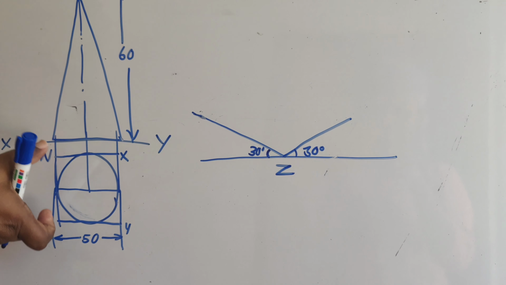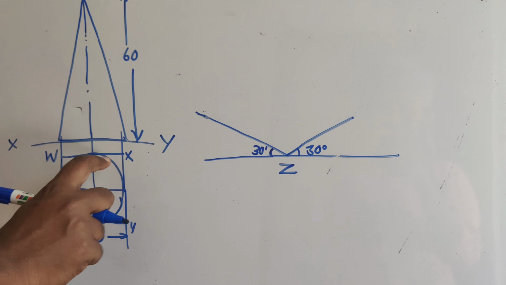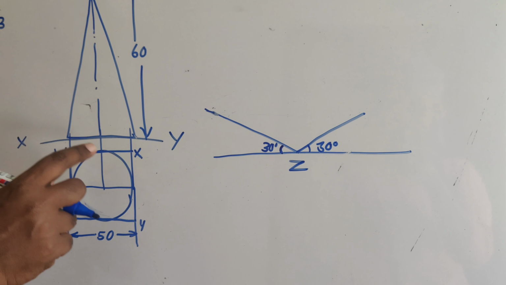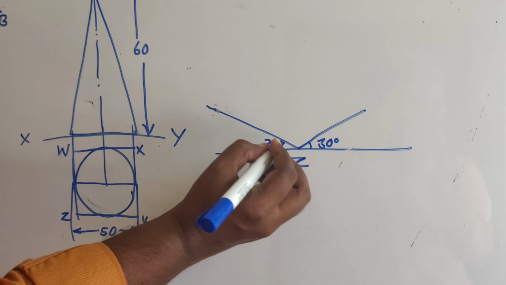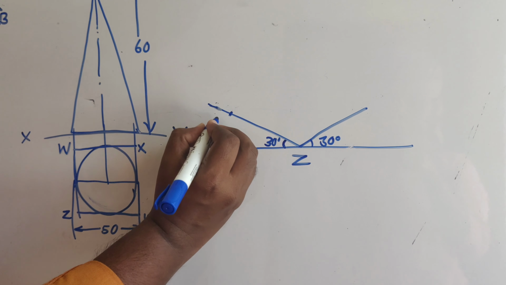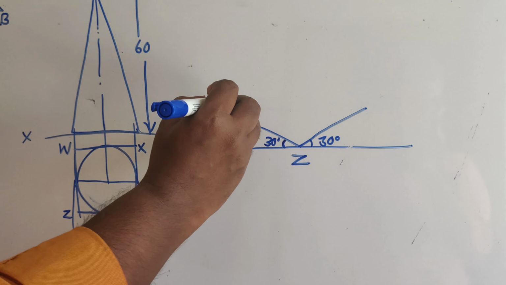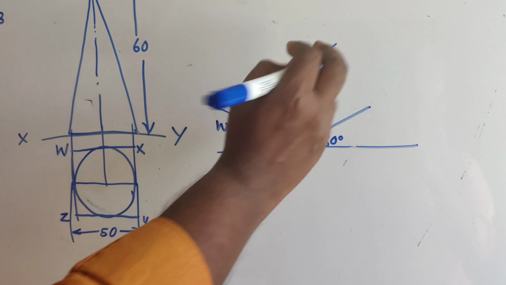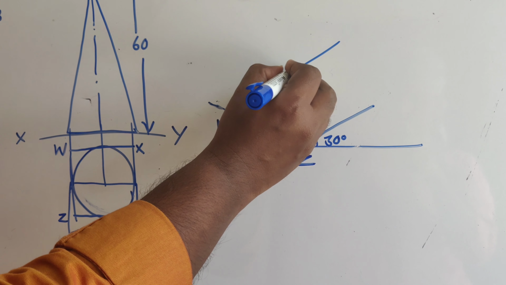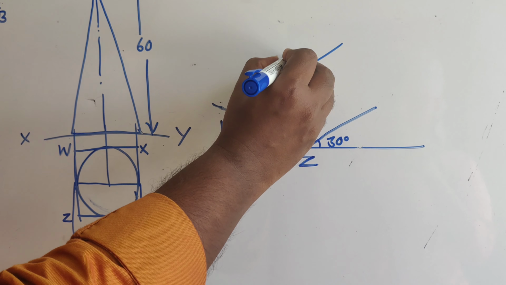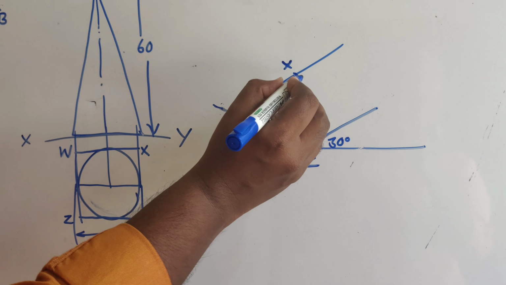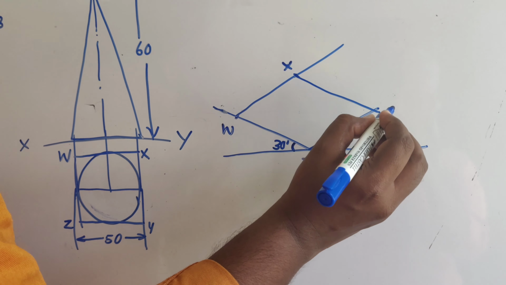So Z to W, that may be 50, because the diameter of the circle is 50. So this itself is 50. So this corresponds to W. Then W to X, again 50. The next to Y, again it is 50.